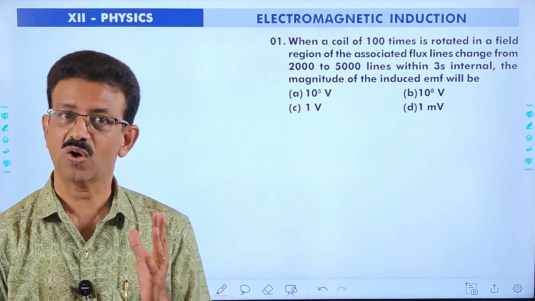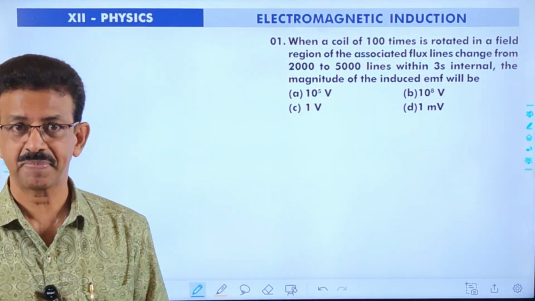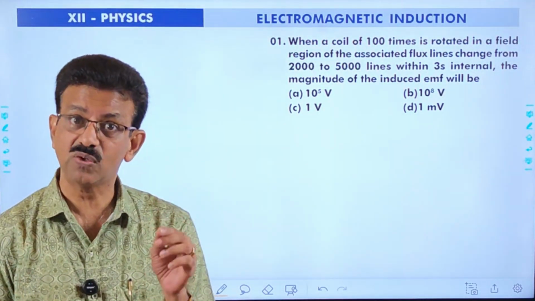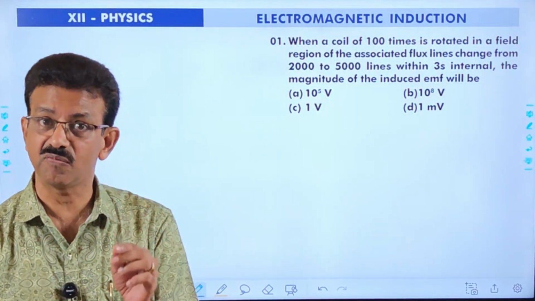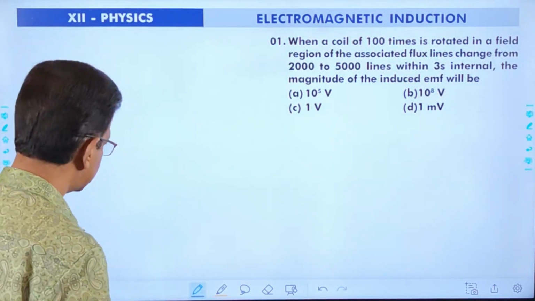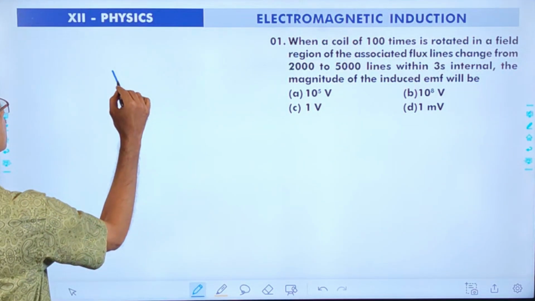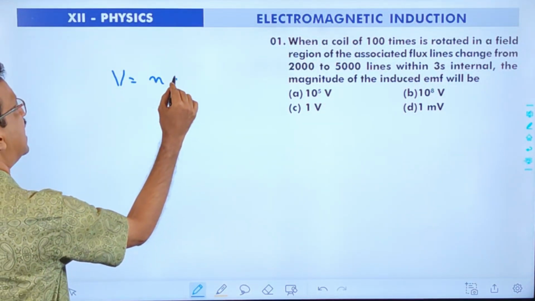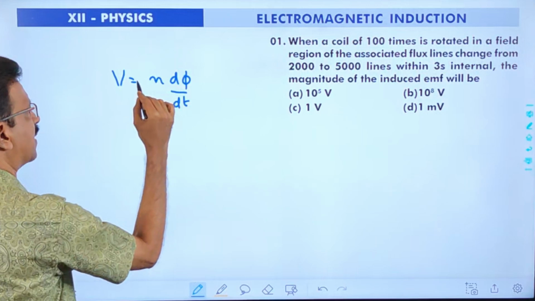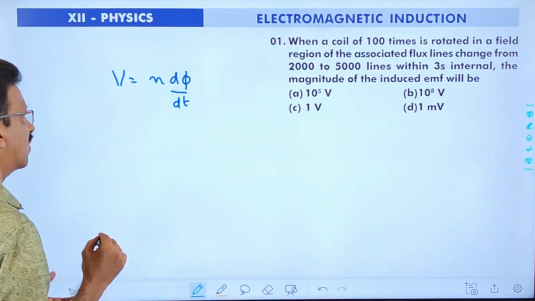By Faraday's law of electromagnetic induction, the induced EMF will be proportional to the rate of change of flux linked with the circuit, and its expression is N d phi by dt. N is the number of turns included in the coil.